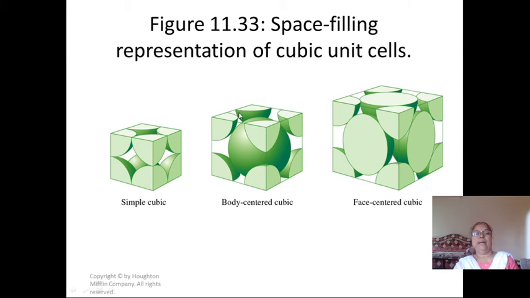These are diagrammatically shown, the points which are present in the simple cubic, body centered cubic, and face centered cubic. Here is the space filling representation of the cubic unit cell.